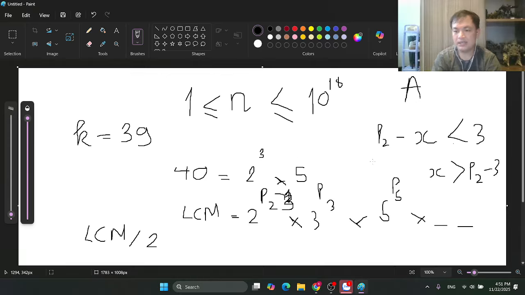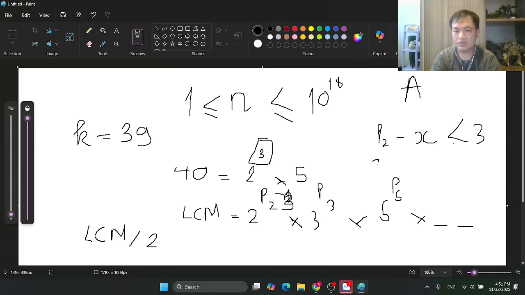I'm sorry. No. P2 minus S is smaller than 3 here. That means the power here is P2 minus S plus 1.